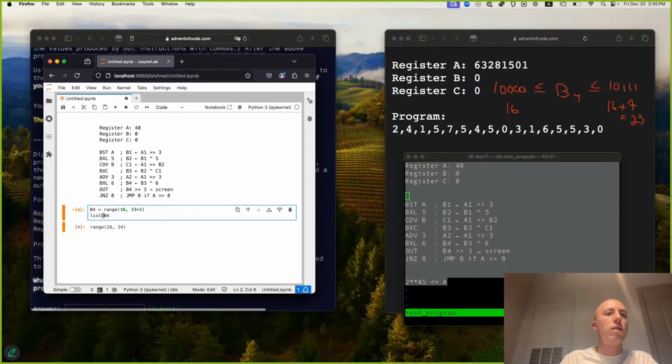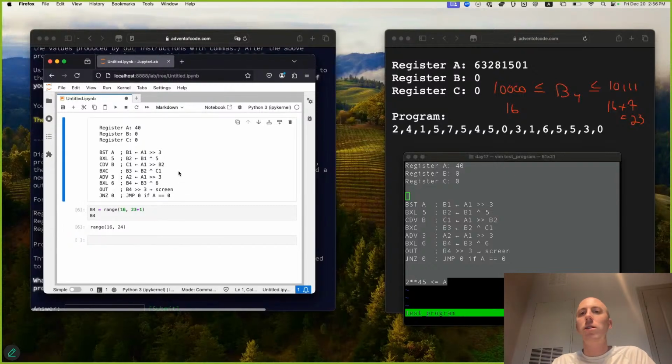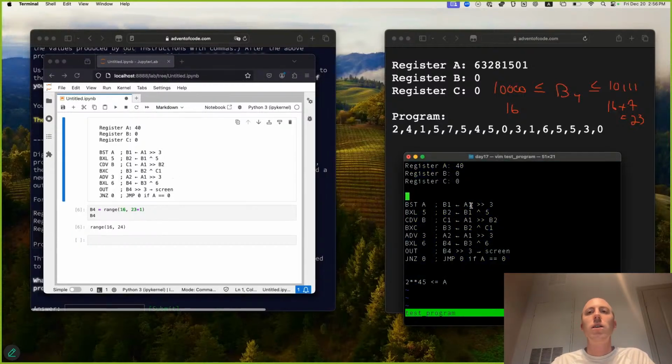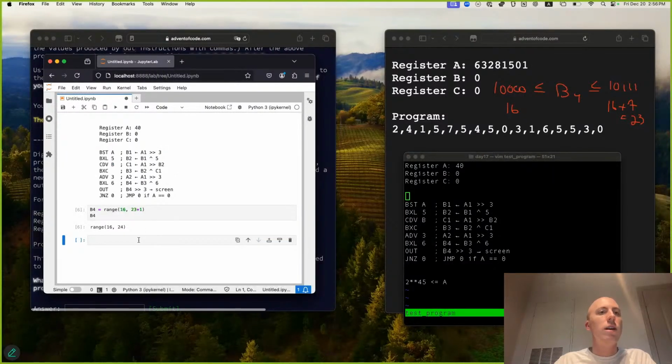Yeah, fine, just keep it here. Actually, maybe it's just cool to keep the terminal. That's fine, just keep it there.